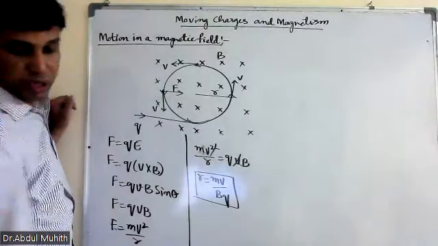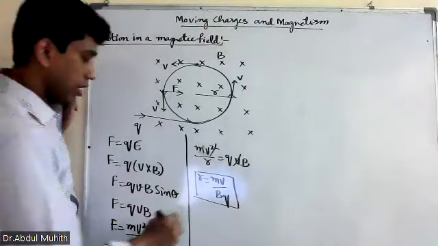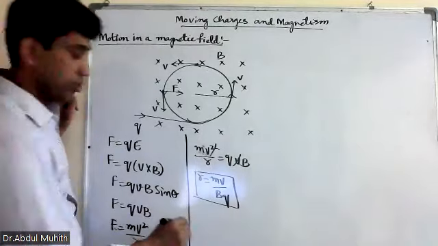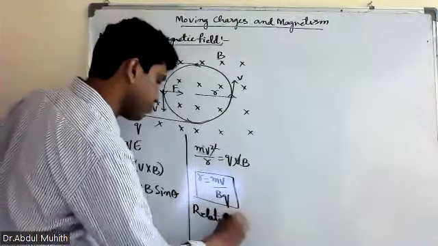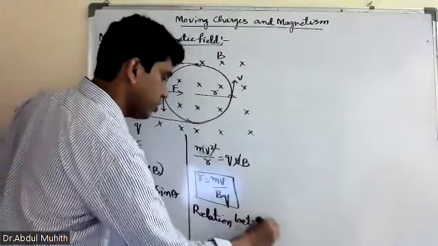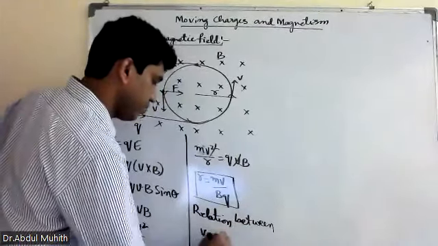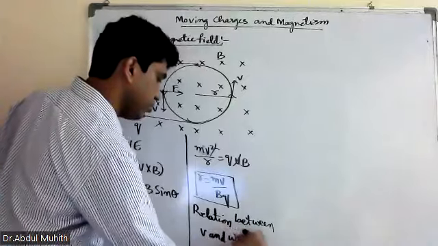Now the next one is what? Here we have the relation between linear velocity and angular velocity. V is equal to r omega.